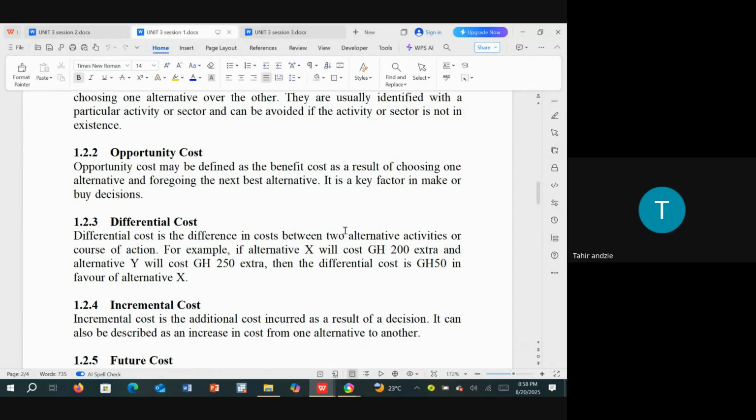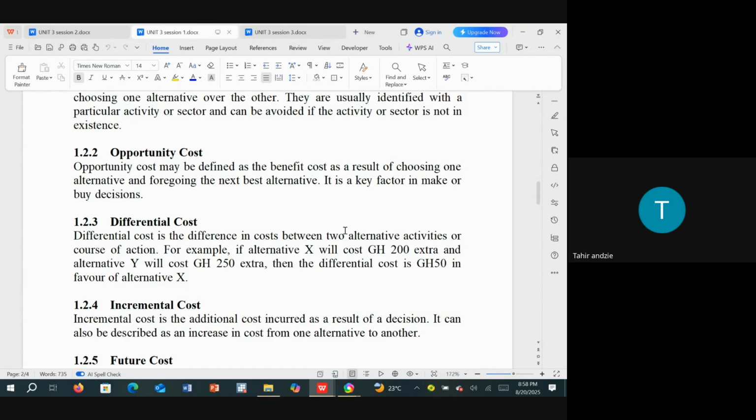It is a key factor in make or buy decisions. In a make or buy decision, opportunity cost is very important because we are going to make a choice between either buying the products outside or producing the product in-house. Whichever option we choose, we are going to forgo the other, and therefore it's an opportunity cost.